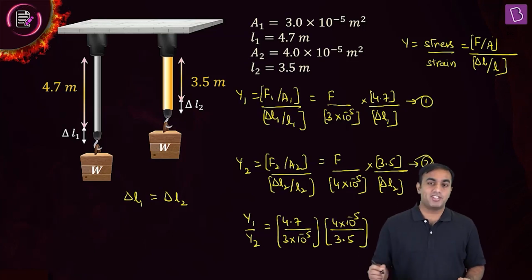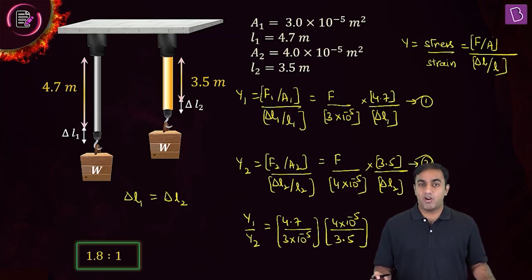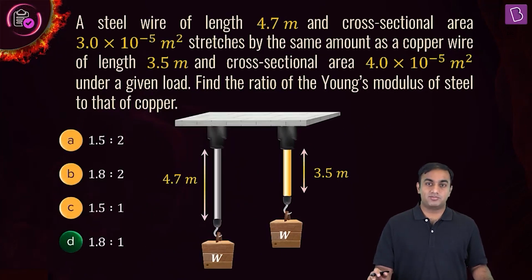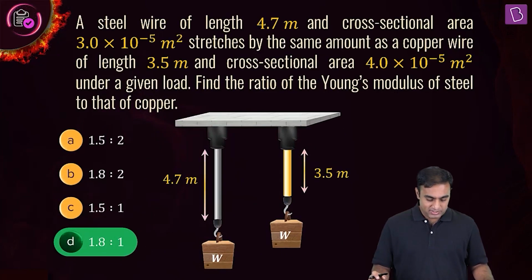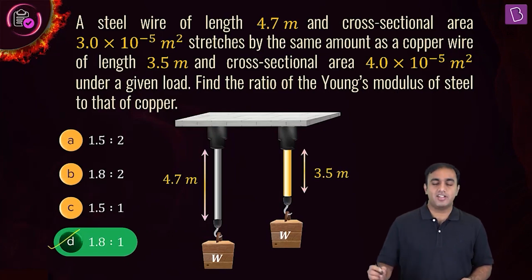And if you simplify this, you get approximately 1.8. So the ratio of Y1 to Y2 turns out to be 1.8 is to 1. That's your final answer. The correct option for this question is D.